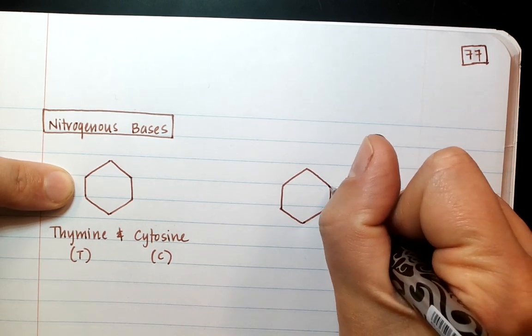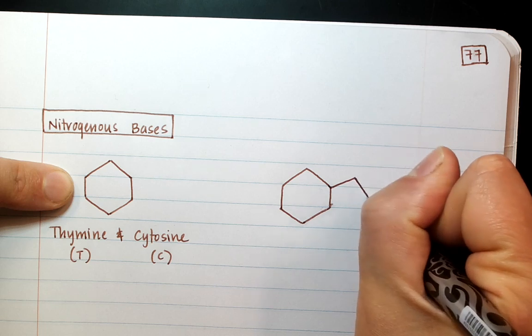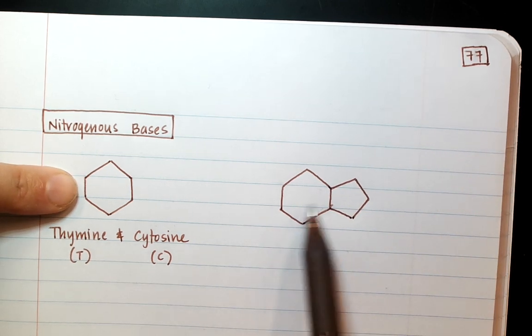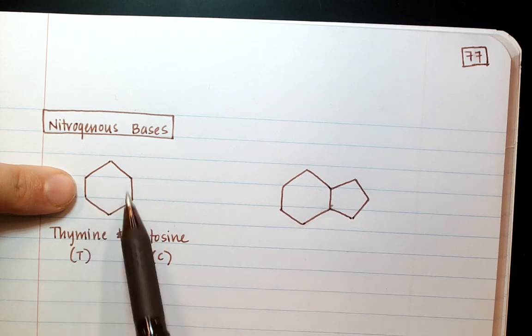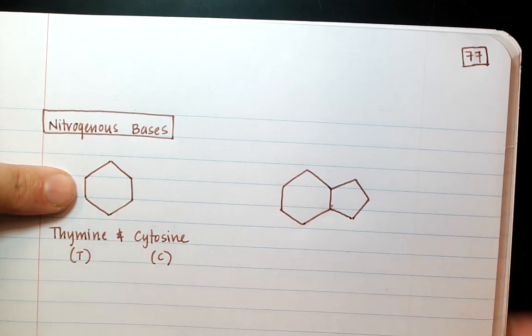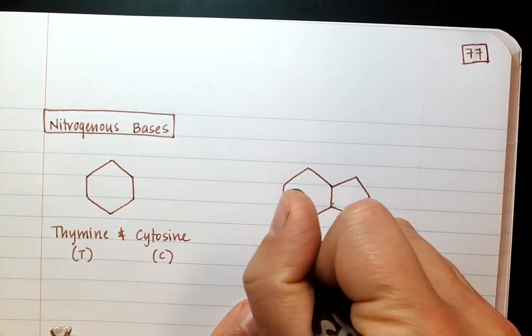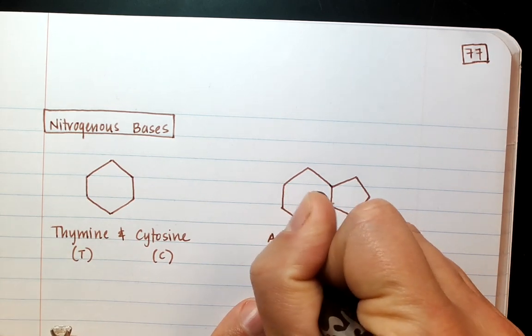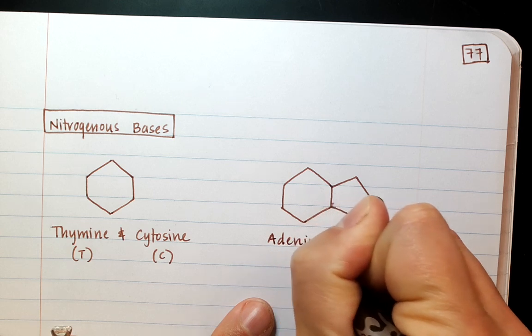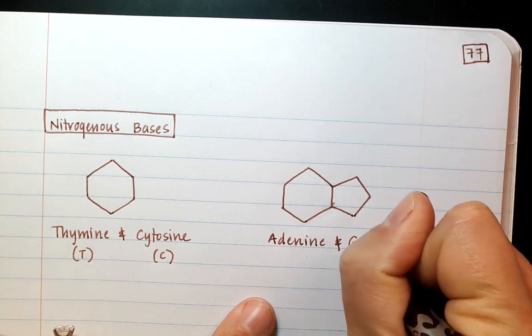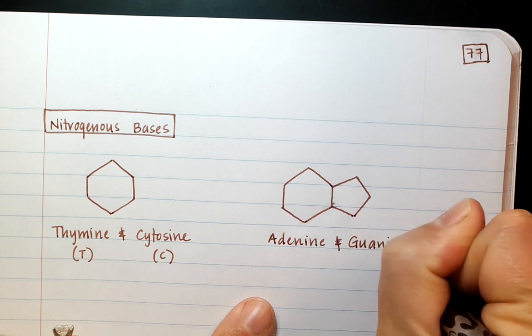But there's another ring, and it is a five-sided ring. And that makes this ring physically bigger than this ring. Now, the ones that are large are your A's or your adenines and your G's or your guanines.